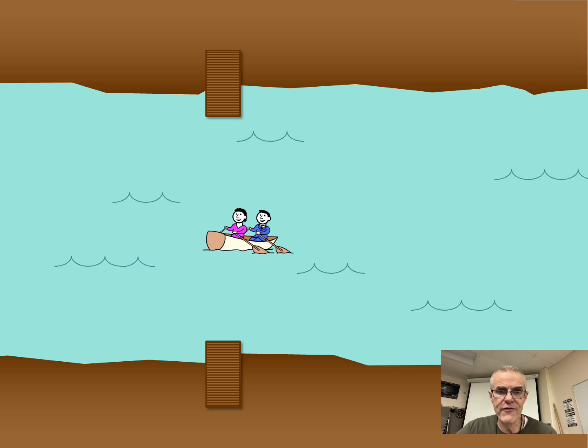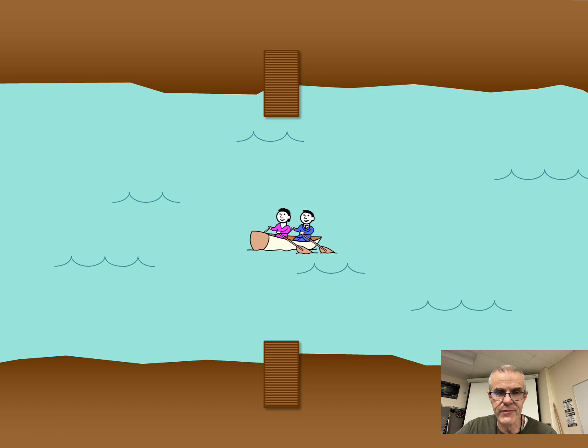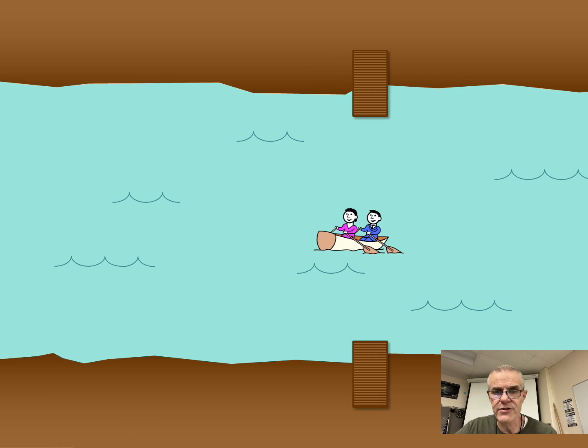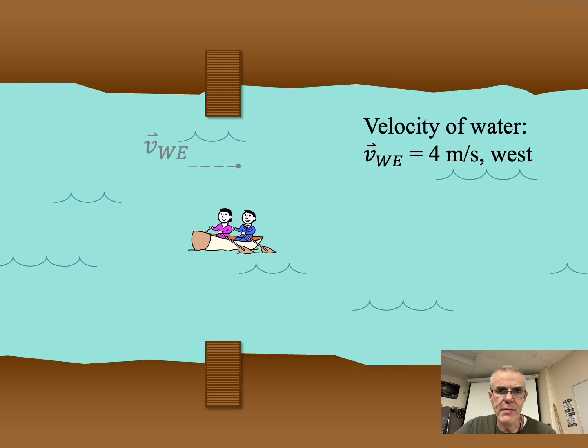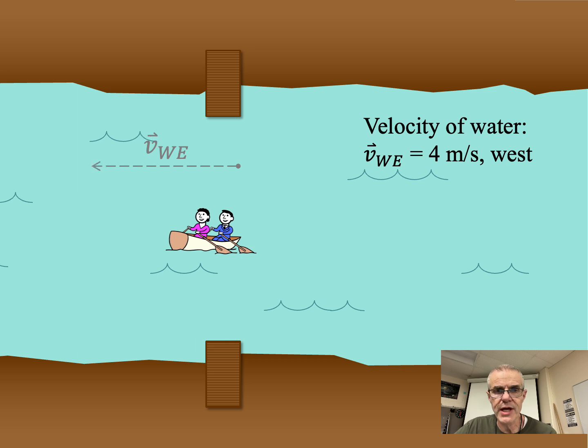So that was one frame of reference. That's what it looked like. But now a different frame of reference. What if we float with the water and we are floating downstream and we're watching them move in the relative frame of the water? This water might be moving, say, 4 meters per second west.